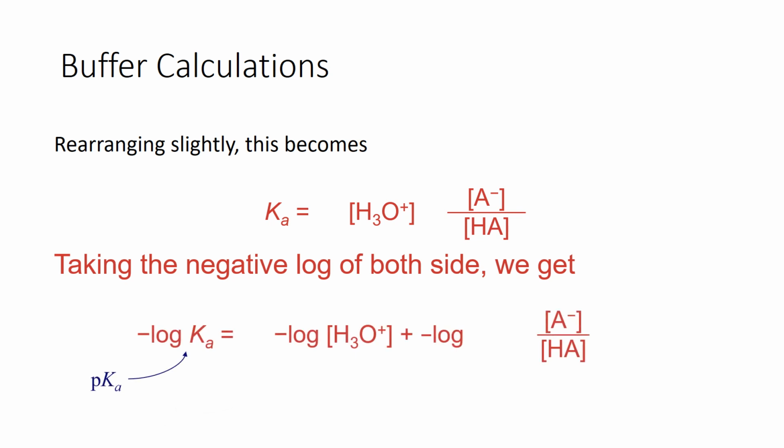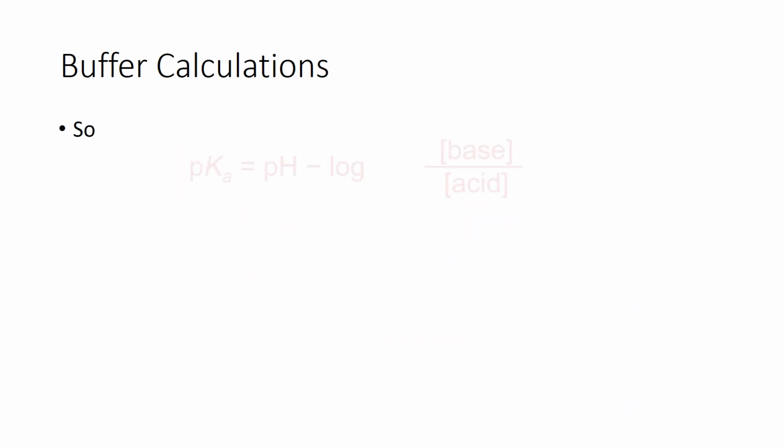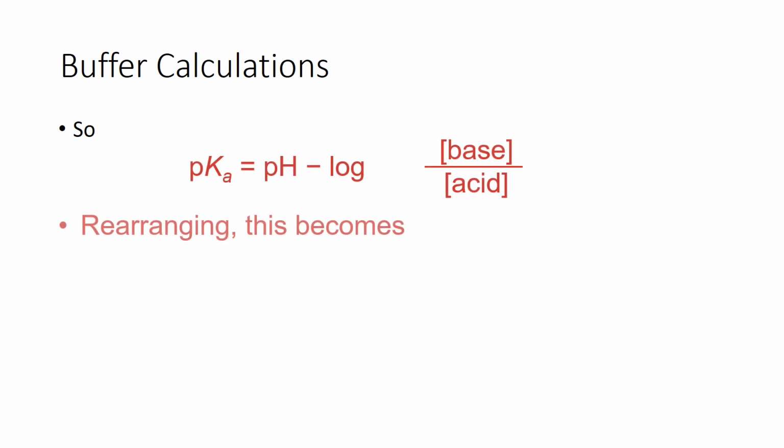When you take the negative log of both sides, the negative log of Ka is pKa, the negative log of hydronium ion to the base of 10 is pH, and then we have the negative log of the base divided by the acid. So we have pKa equal to pH minus log of the concentration of base over the concentration of acid.